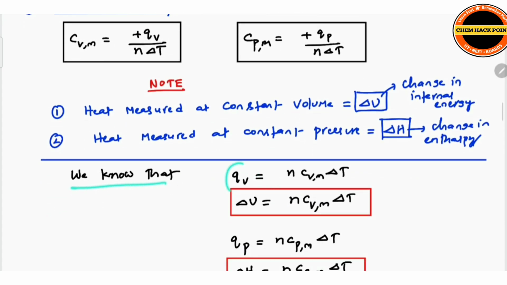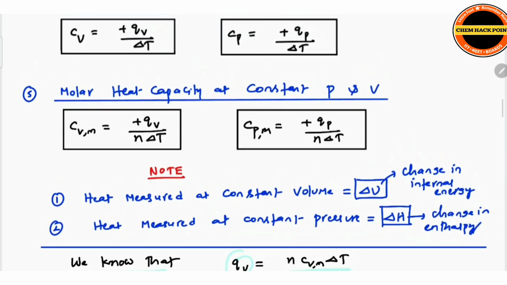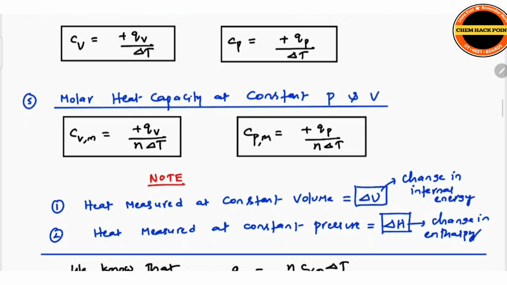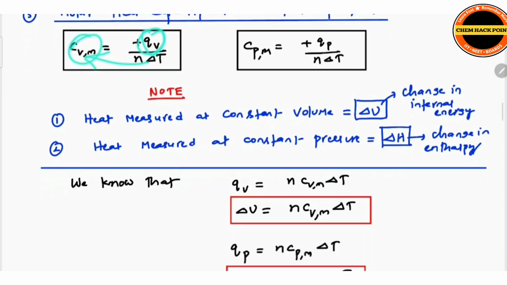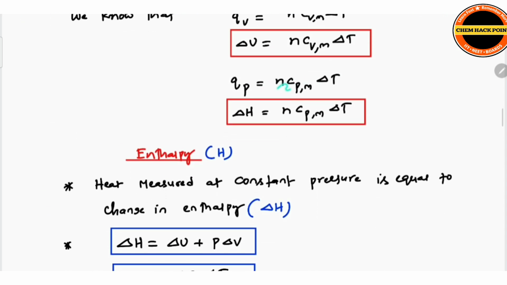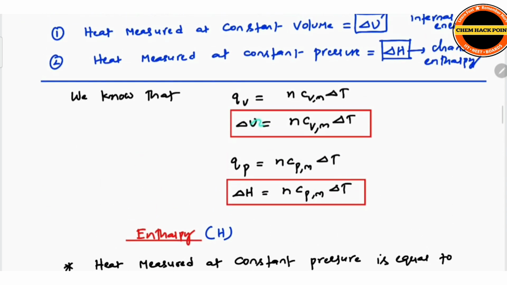We know that Qv is N Cvm delta T. How? Here you see. Qv is N Cvm delta T. Qp is N Cpm delta T. In place of Qv, what can you write?